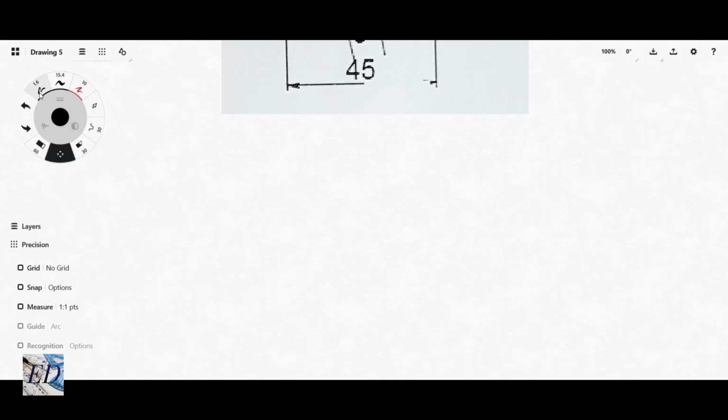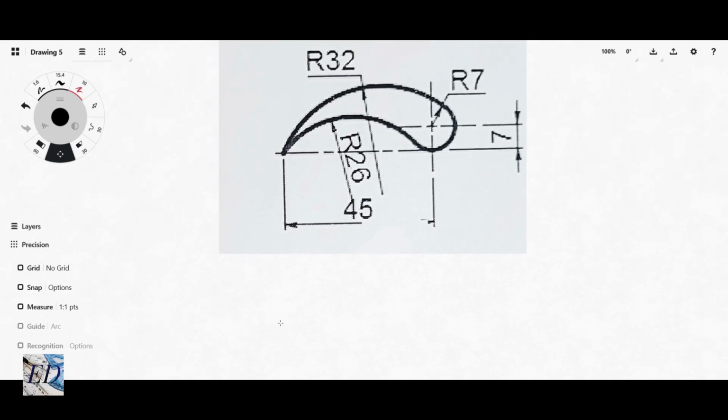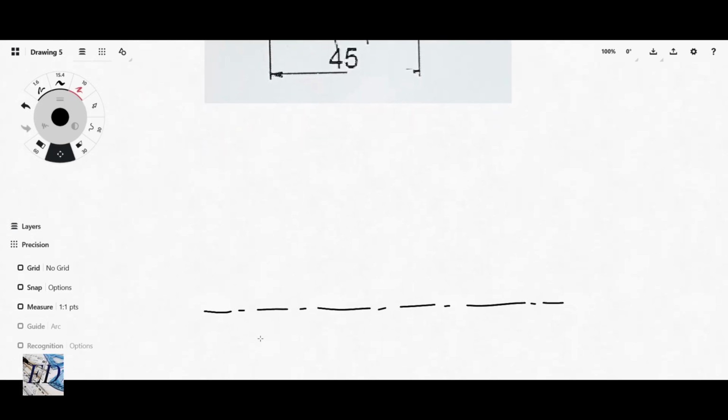So you have your center line, and let's say we have points A and B.